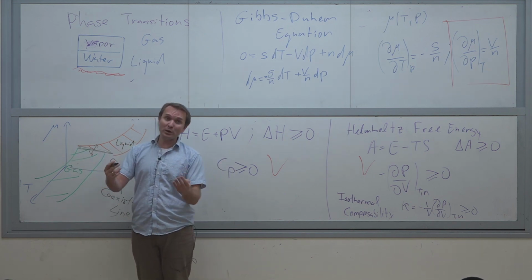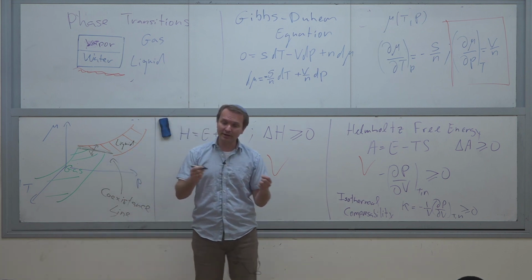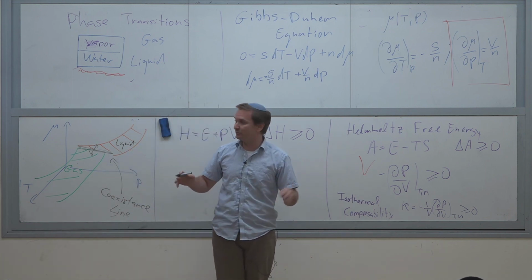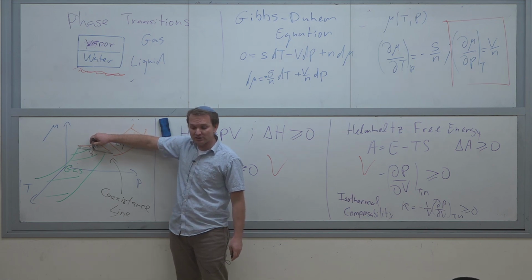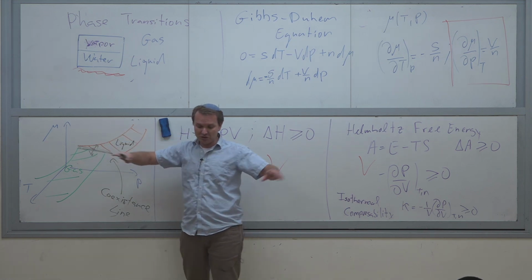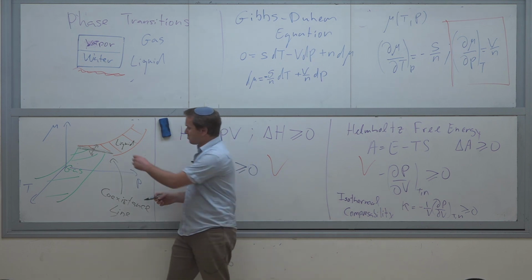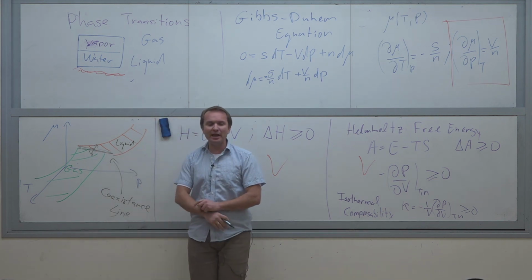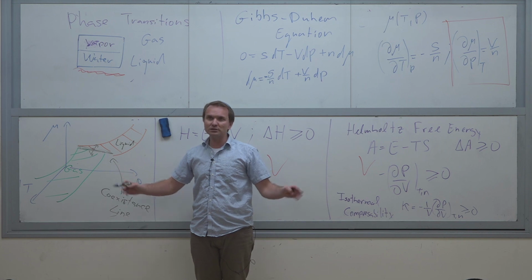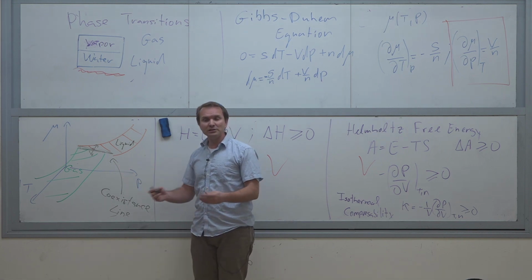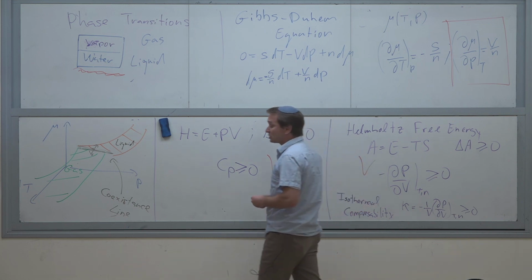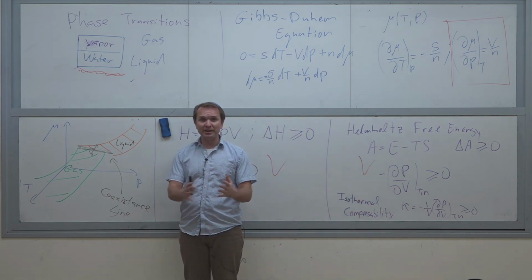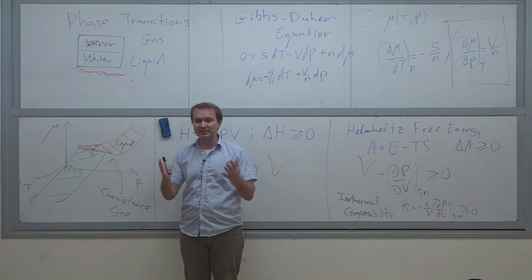Or the other way around, I'm coming from water, I'm still in a watery phase on this coexistence line. I cross the line by epsilon and everything abruptly crosses into gas. This is called a type 1 phase transition. In a type 1 phase transition, the change of the system is very abrupt and very sudden.